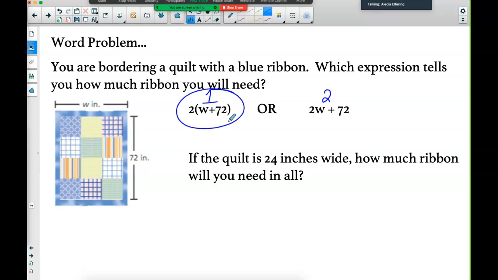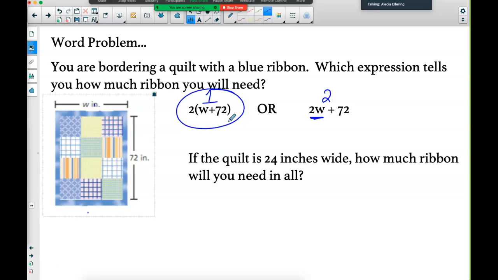Can somebody explain why, and maybe some of you just guessed, but does anybody know why it's 1 and not 2? Carson, go ahead. You have to add 72 and... Good. If I only do 2 times the W, like here, I'm only doubling this side.